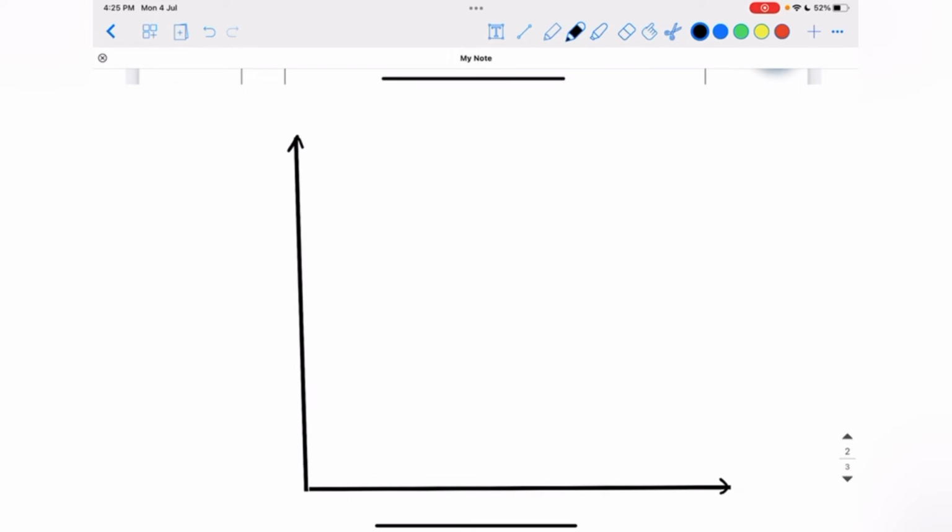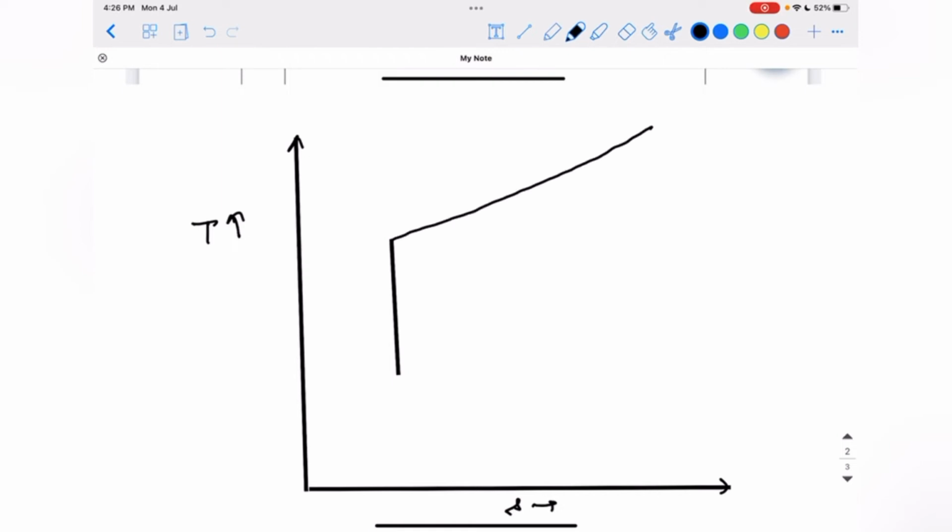Now process 1 to 2 is isentropic compression. So this is a TS diagram and I can represent that process with a straight line since it is isentropic. So I can plot like this. Now process 2 to 3 is a constant pressure heat addition process, which can be plotted like this.